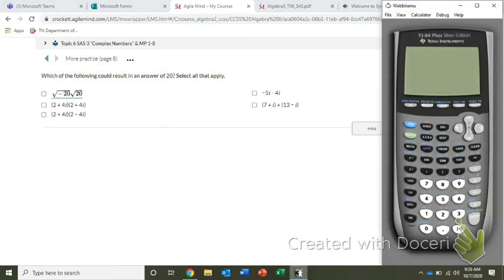All right, on your calculator, you are hitting mode. And you see where it says real down here at the bottom? Click to the right and highlight a plus bi and hit enter. And now a plus bi should be blinking. Hit second, quit.